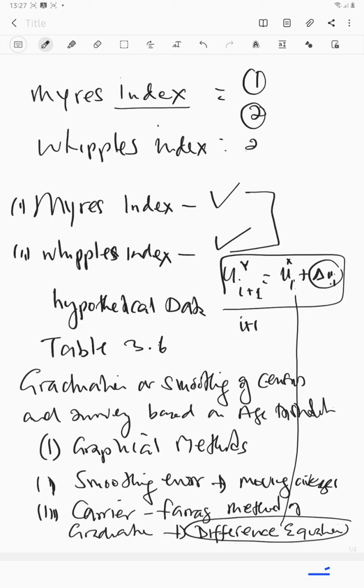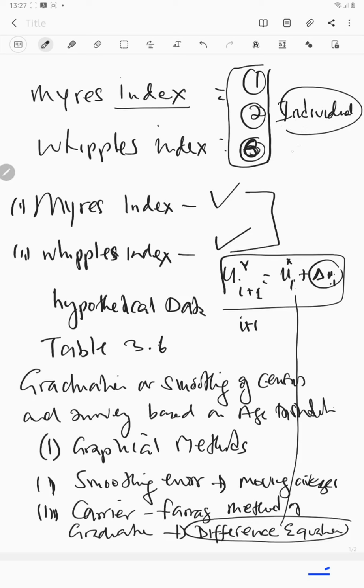So number 3, you look at question number 6. These three questions you are going to do as an individual, and the previous questions you are going to do with a friend.